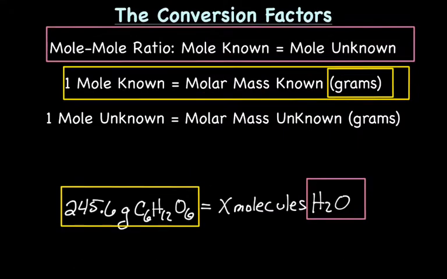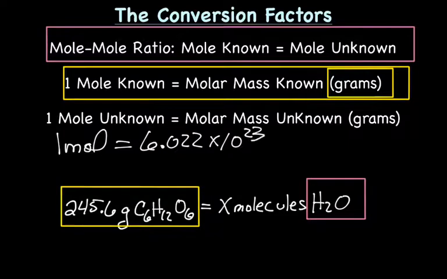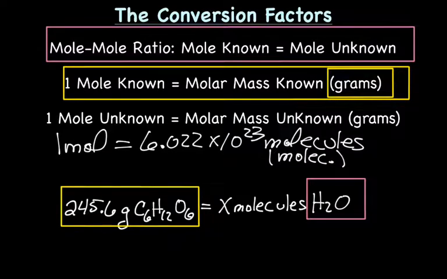So back to our conversion factors we go, and it's not listed, but let's remember that we learned that 1 mole of something, 1 mole of anything, equals 6.022 times 10 to the 23rd molecules of something, and I'm going to abbreviate that as molec. Okay, so that will get us from moles of water to molecules of water.